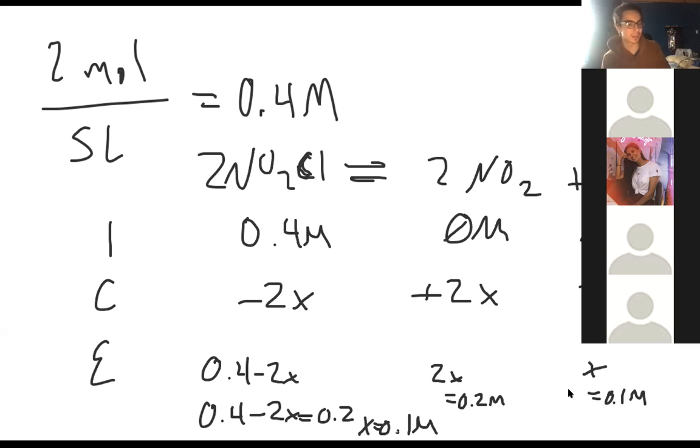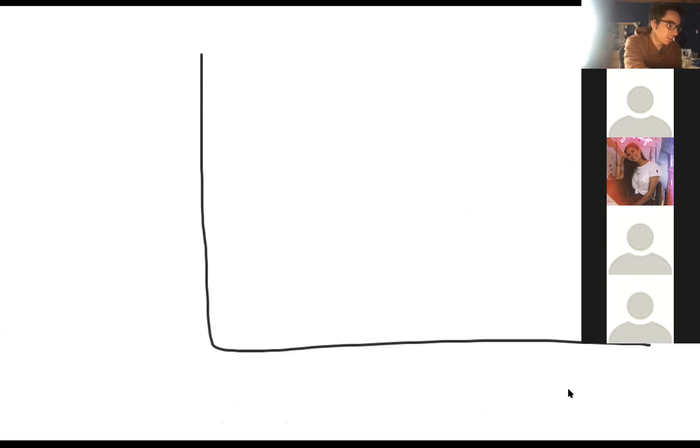So after we have all this information, I'm going to clear the screen. Once we have all that information, now we can plot out the progress of the reaction. We start off with our NO2Cl. Then at the bottom here we have Cl2 and NO2.